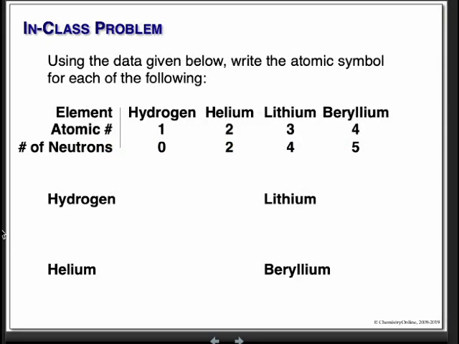Let's go ahead and do a few. Start with hydrogen. The symbol for hydrogen is H. Typically, hydrogen will have an atomic number of 1, so 1 proton and no neutrons. We would therefore write H. The mass number is the sum of these two, which is 1.